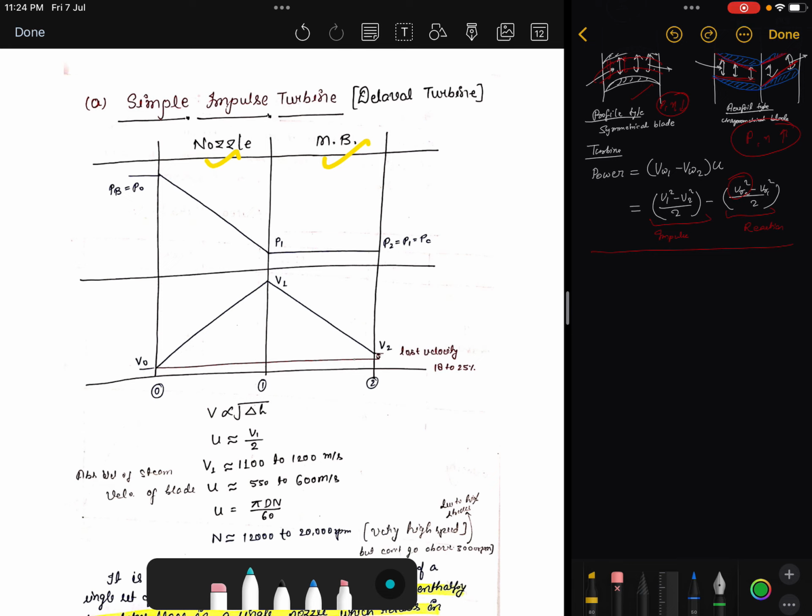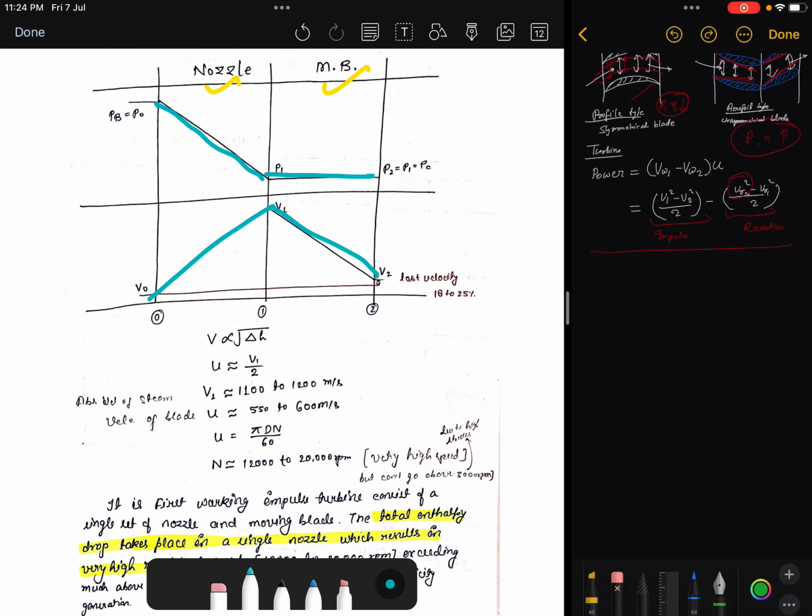In the nozzle, because the nozzle is stationary, the pressure drops, and in the moving blade, because there is no specific orientation of the blades, the pressure remains constant and the velocity increases then decreases, as we have studied earlier.